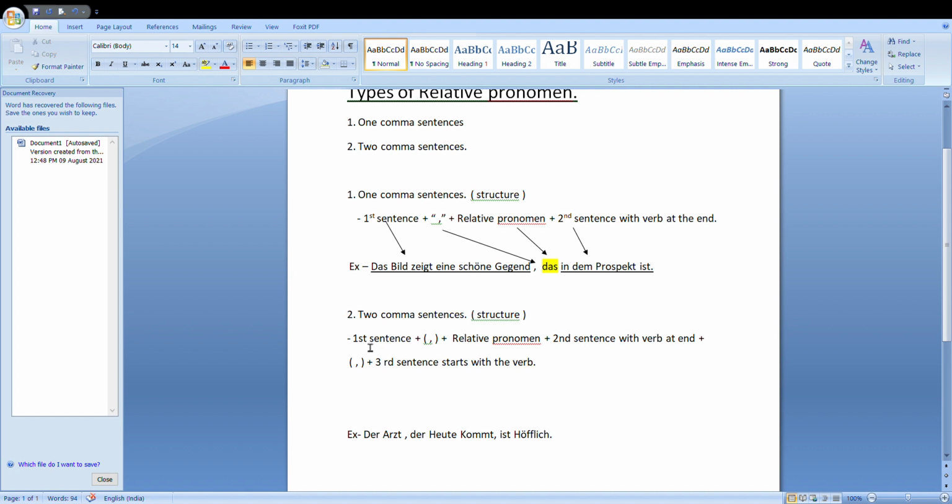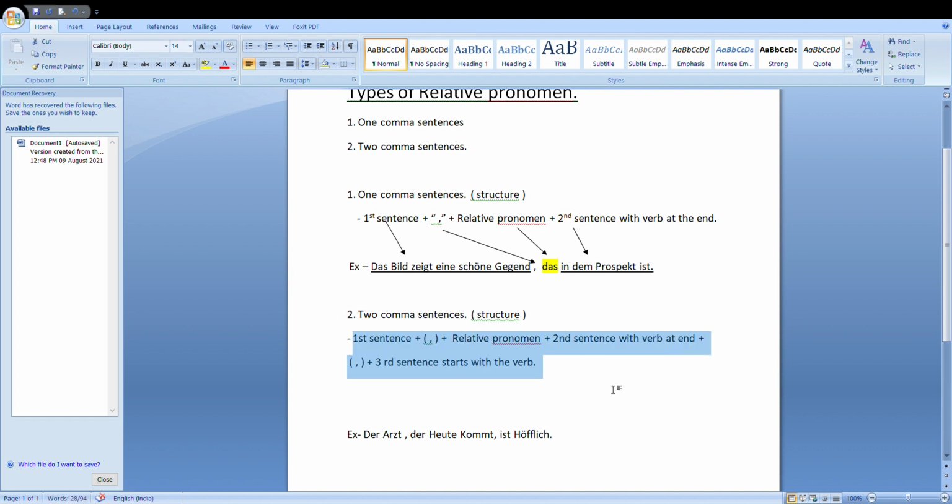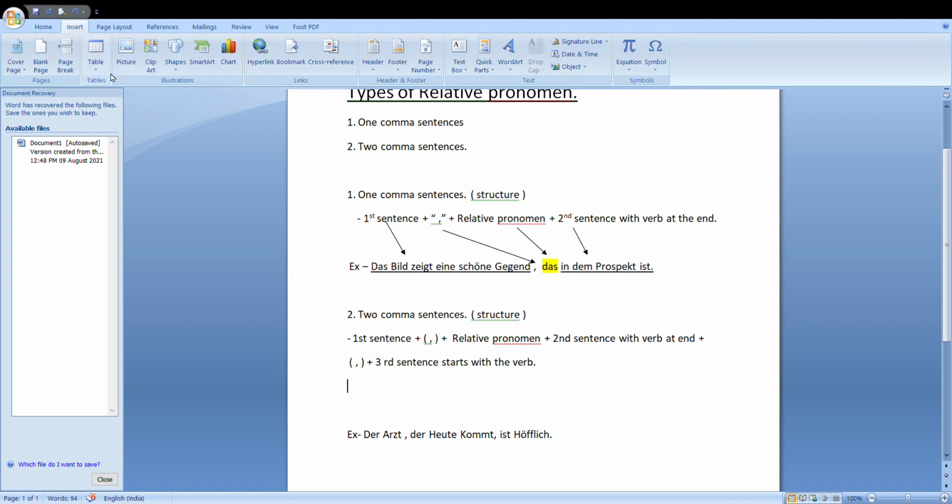Okay, I'll try to show you with the help of arrows. The first sentence is here.